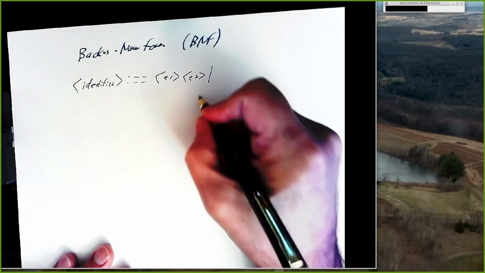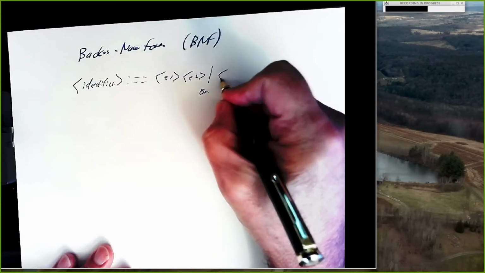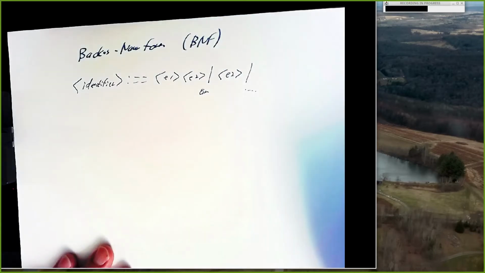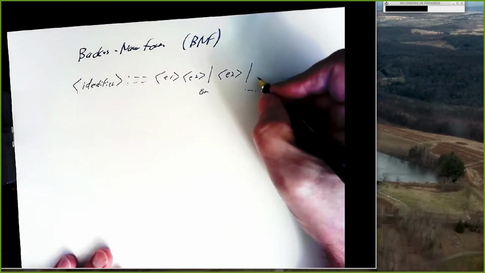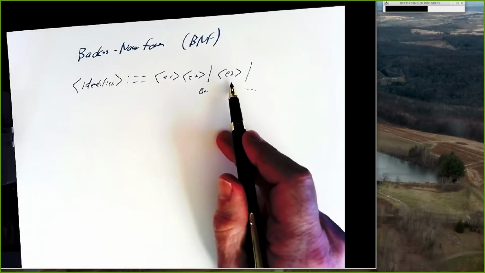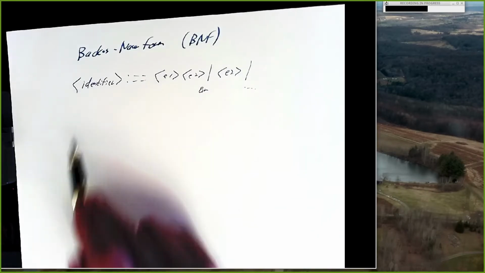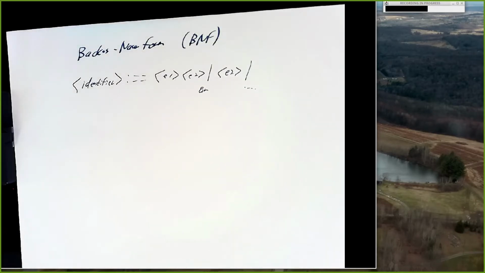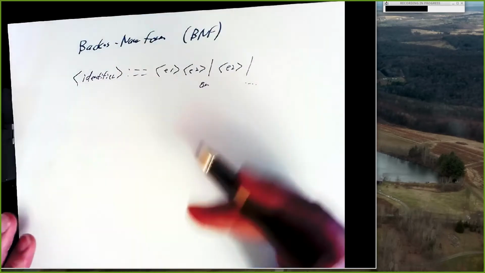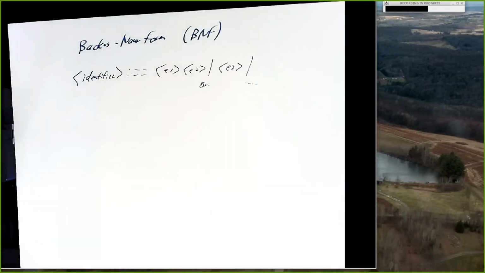We can use a pipe to say or, something else, or, and so on and so forth. And these could be strings of terminal symbols, or they could be other identifiers that are described in other lines, and so on and so forth. And so it's the same idea of transforming one thing into another, deriving one thing from another, but it writes out a little more intuitively.